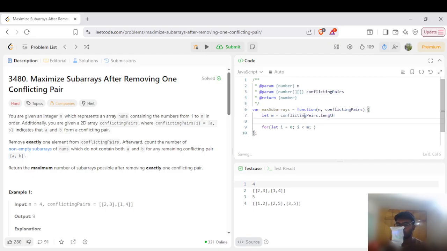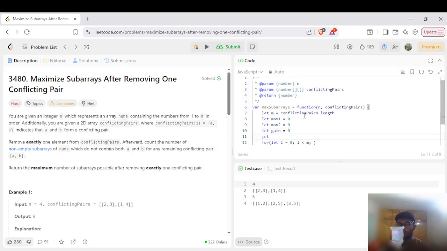And also we might be needing max 1, which is equal to 0, and max 2, the second leftmost boundary, and also a value for gain, the max gain at each conflicting pair, and also total occupied.